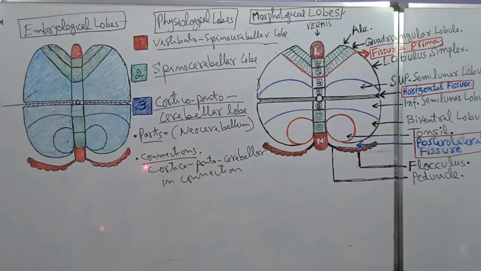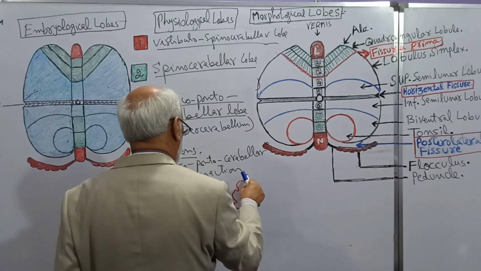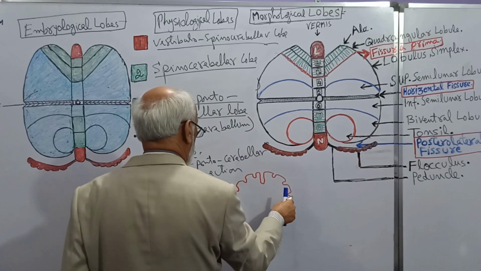It is connected with the cerebral cortex, with the pons and cerebellum. For example, if we draw a diagram, this is the cerebral cortex.